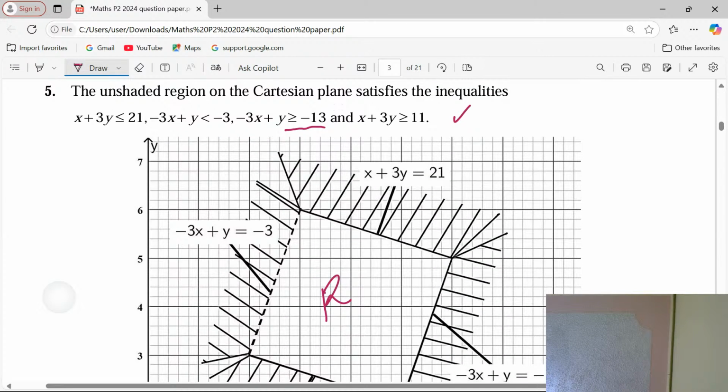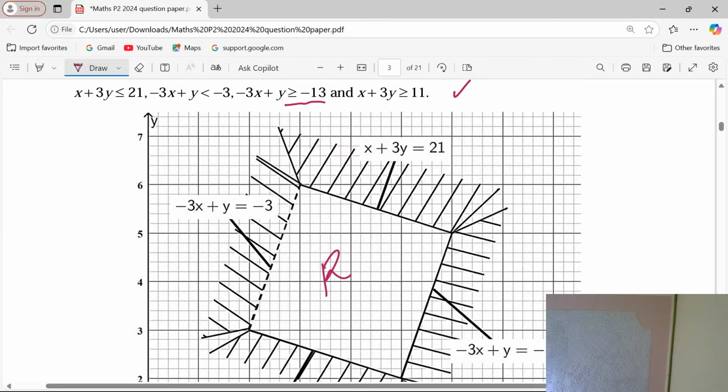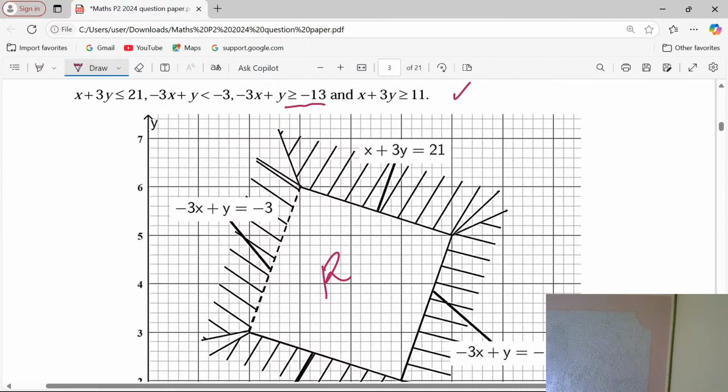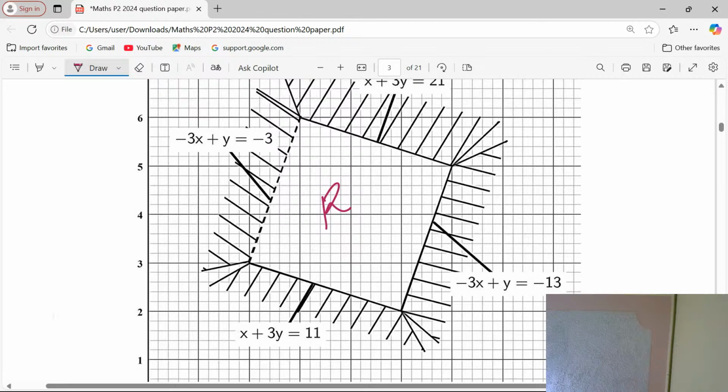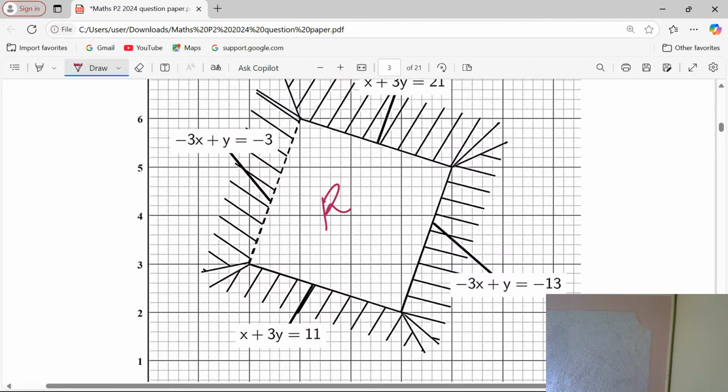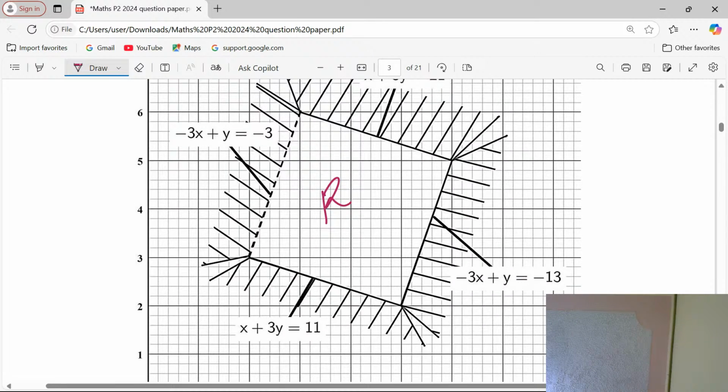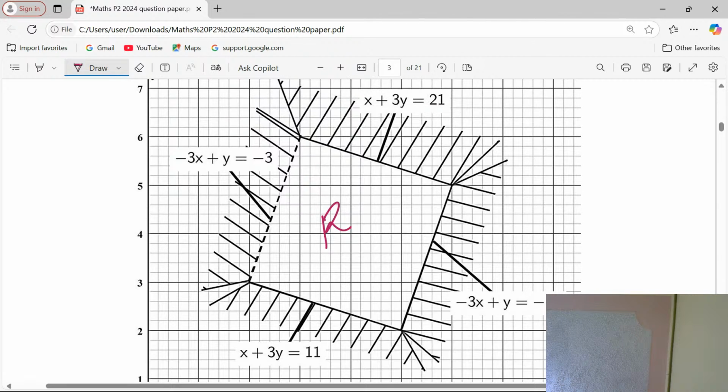Therefore, what we are going to do here is to find the maximum value of coordinates which is going to satisfy the inequalities.